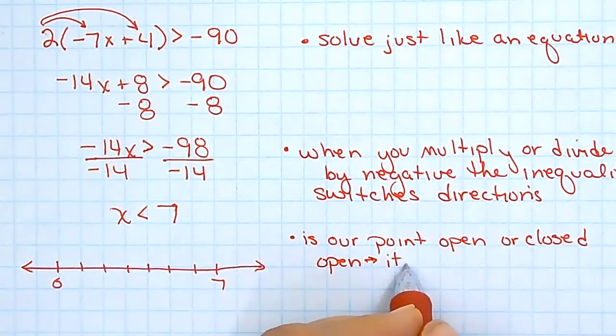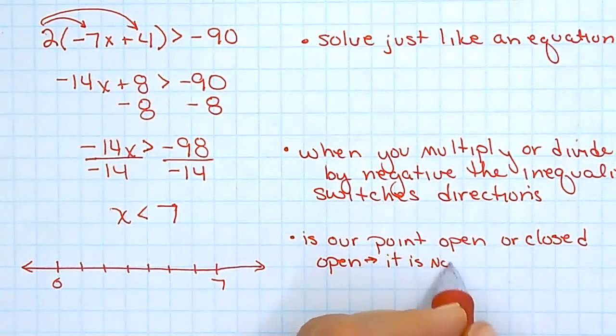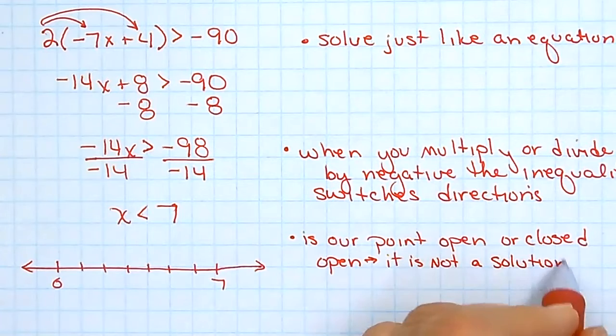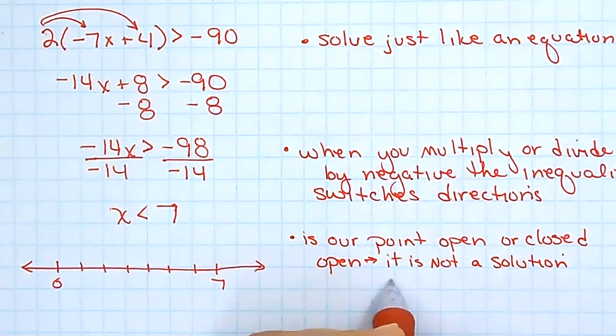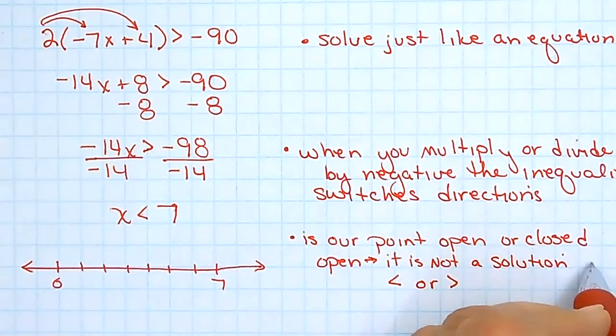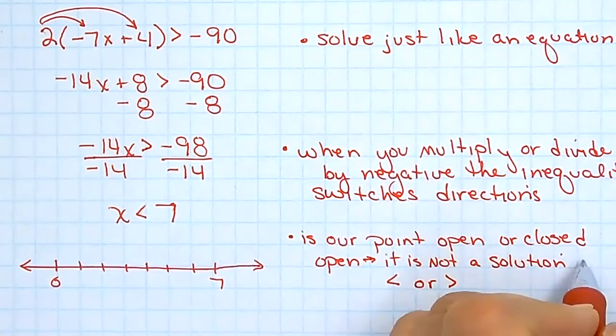And so it looks like that. And those are going to be less than or greater than. And what we're going to do is we're going to draw an open circle, like that.